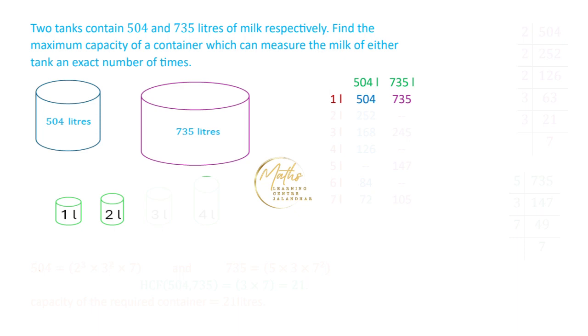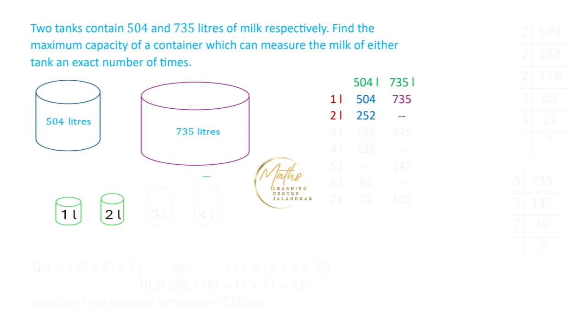If we use a 2 liter container, we can measure the first tank that has 504 liters of milk. We have to use that container 252 times, but we cannot measure the milk in the tank having 735 liters. So this 2 liter container is not going to work.